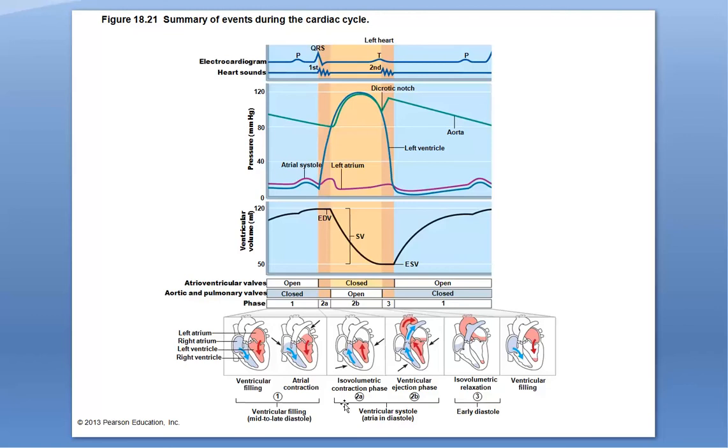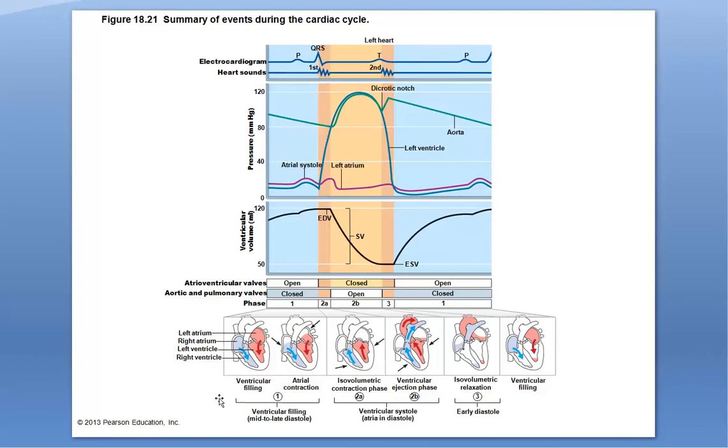During isovolumetric contraction, both the AV and the SL valves are closed. The ventricles reach their optimal volume, and then at the end, those ventricles contract to eject the blood that's in them. The last phase is early diastole of the ventricles. That's early relaxation of the ventricles, during which they begin again to fill with blood.